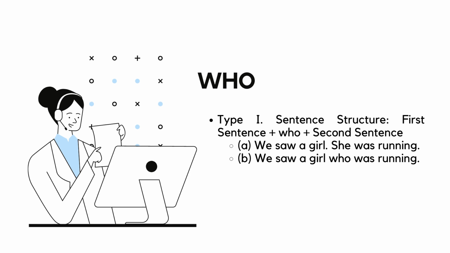The same sentence can be written as, we saw a girl who was running. Here, we connected two sentences by using who, and in the second sentence, we removed the she and wrote who instead of she. Now, let us use who as a connector in a different way.